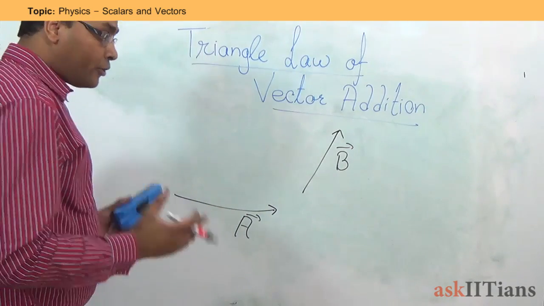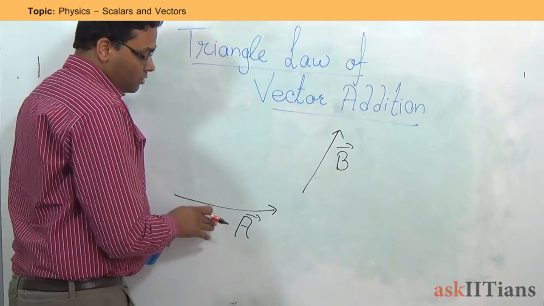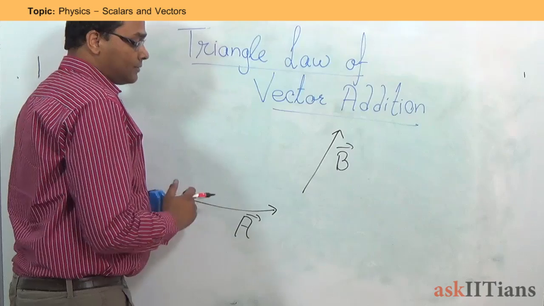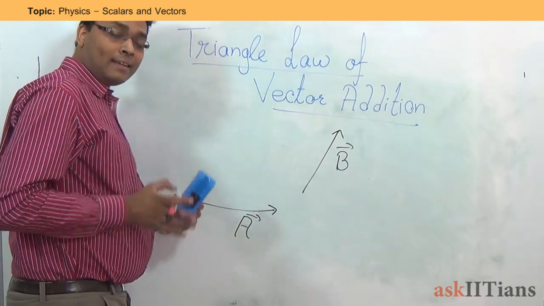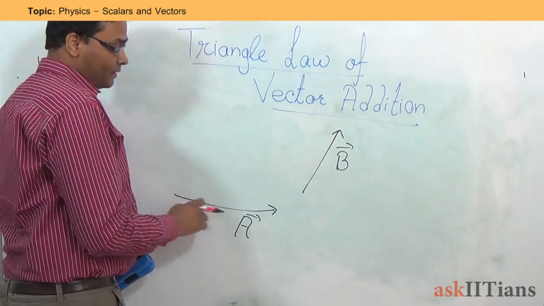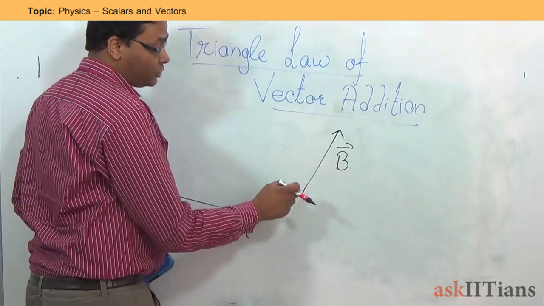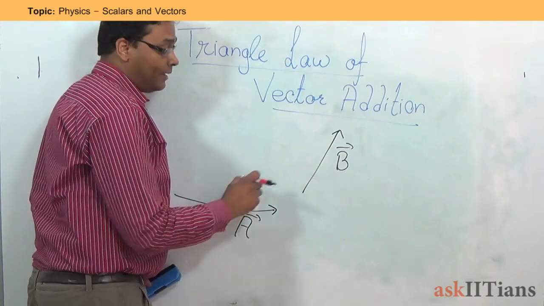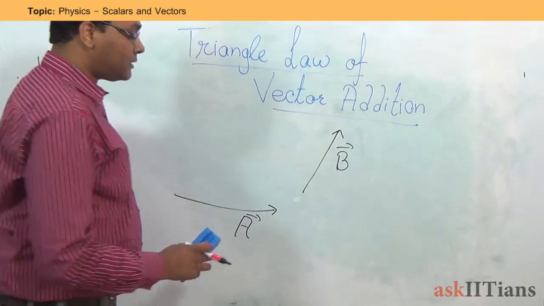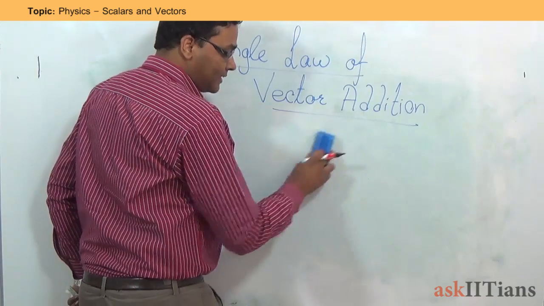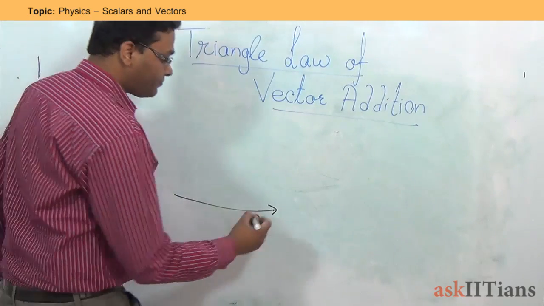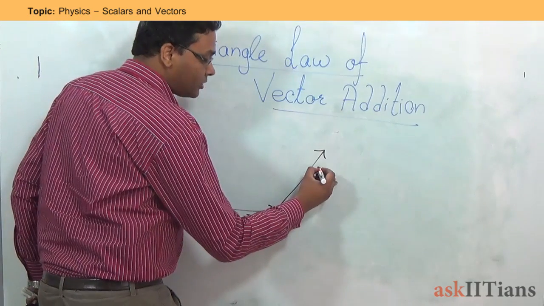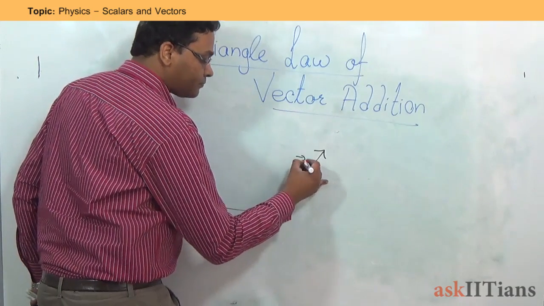The way to do it is that you move vector A parallel to itself, such that its length or angle does not change, and the tip of vector A meets the tail of vector B. Either you move vector A or you move vector B. Moving vector B is an easier choice, assuming that I haven't changed the angle or anything. So let's say this is my vector B.